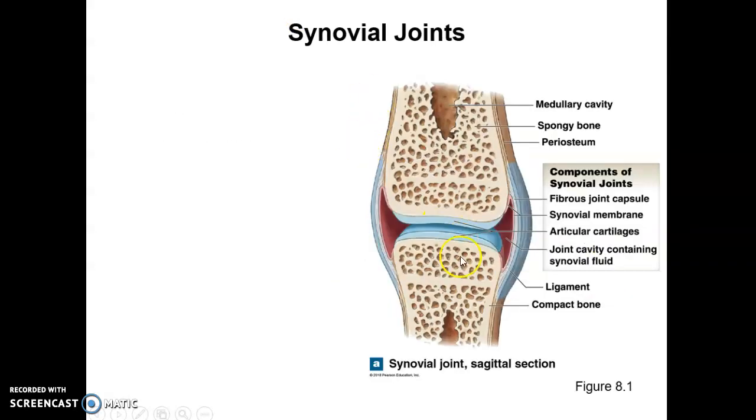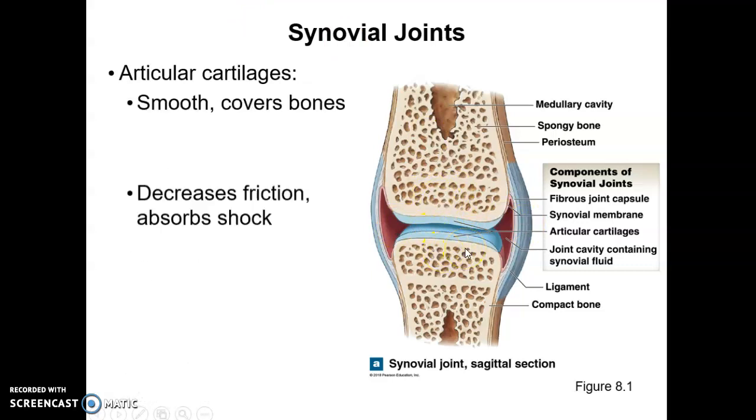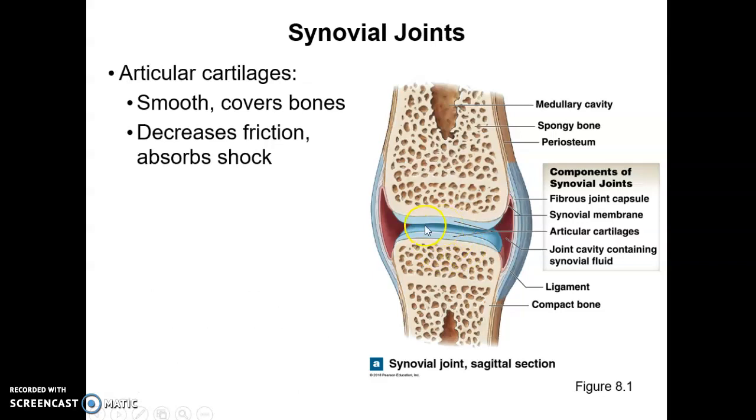So here is a schematic of a simple synovial joint. Articular cartilage covers the ends of the bones at the articulation, a type of hyaline cartilage. It helps reduce friction and acts as a shock absorbing structure, that hyaline cartilage.